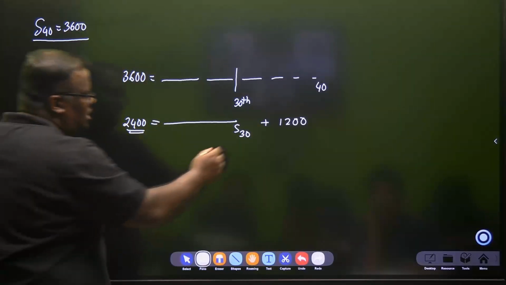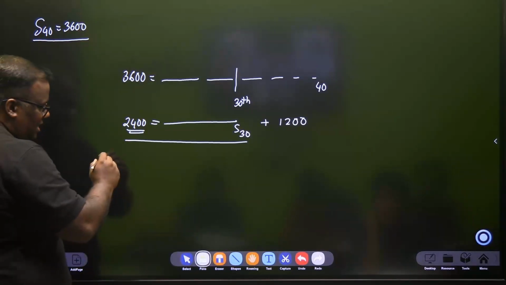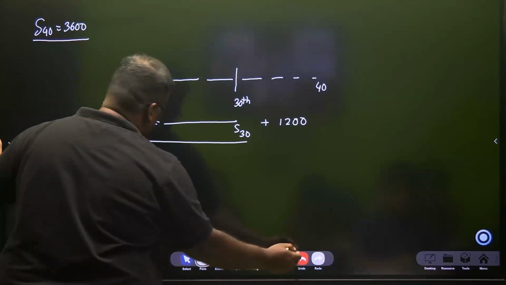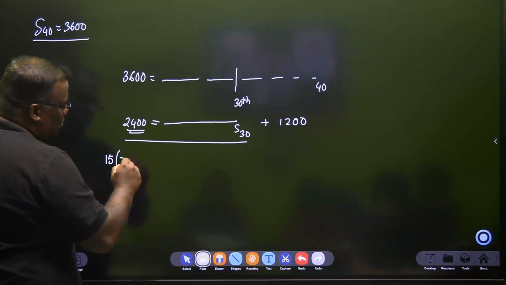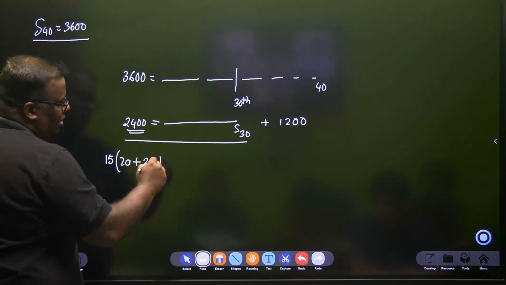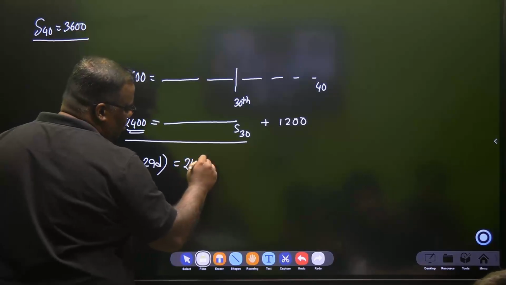So this can be made one relation. What is the relation? 15 into 2A plus 29D is equal to 2400.